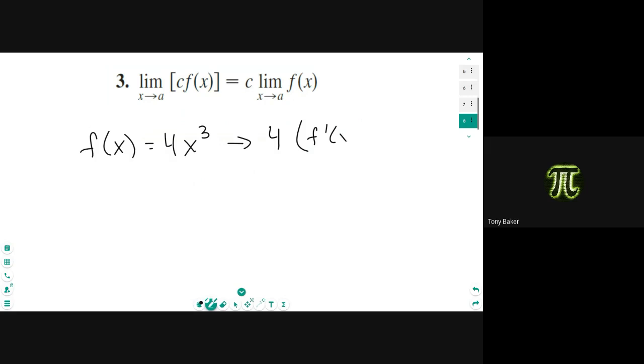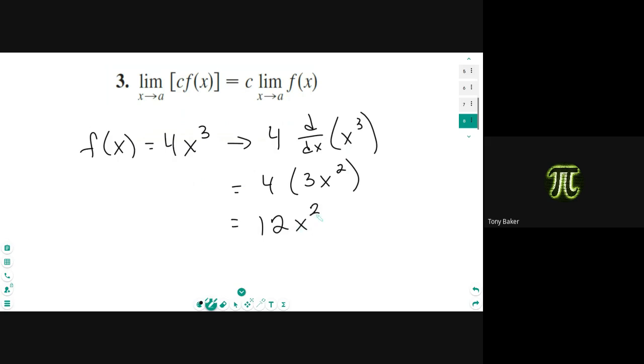Or actually, I should write it this way: 4 times d dx of x to the third. So I can pull out the constant and do the power rule. So this would be 4 times 3x squared, which would be, in the end, 12x squared. Okay. So even if there's a constant in front, I can pull out that constant, do the power rule, and then put it back together.